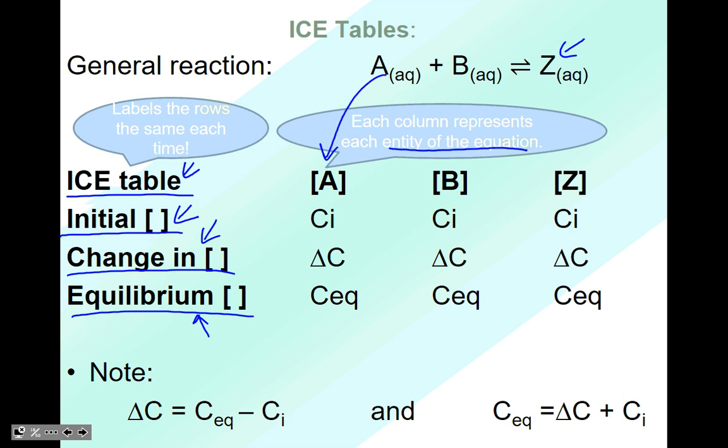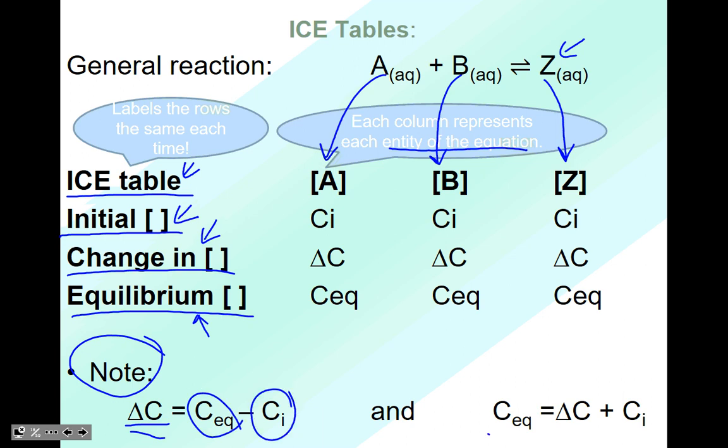So you have entity A, entity B, and entity Z, because each of them are going to change. You're going to have an initial concentration for each of them, a change in concentration for each of them, and then an equilibrium concentration for each of them. Just a little note, your change in concentration is equal to your concentration at equilibrium minus your initial concentration.